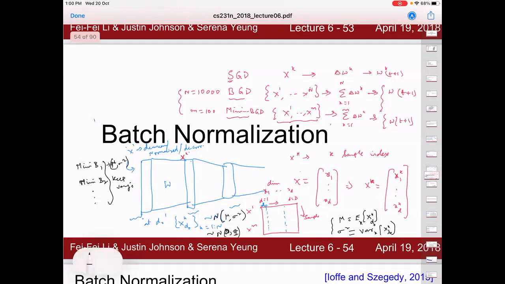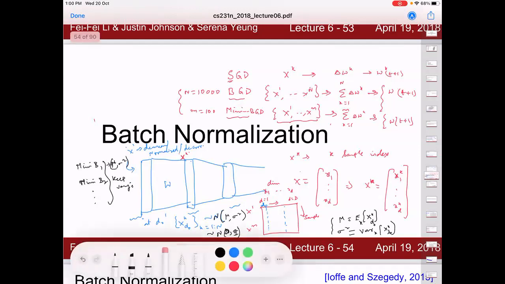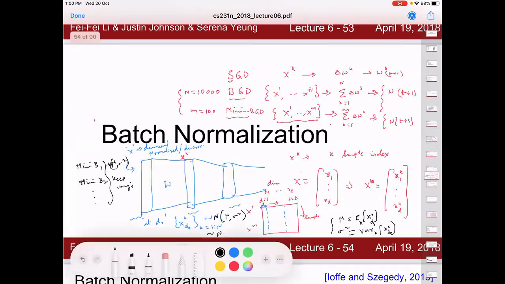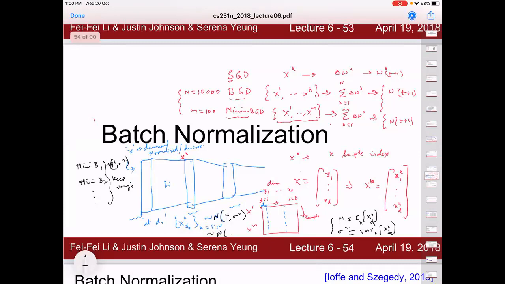What we are essentially doing now is trying to combat the variation across different mini batches. We want each mini batch to have the same variation while it goes to the next layer, that's all.